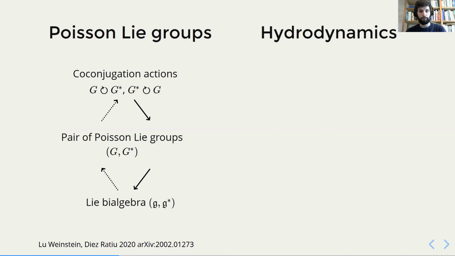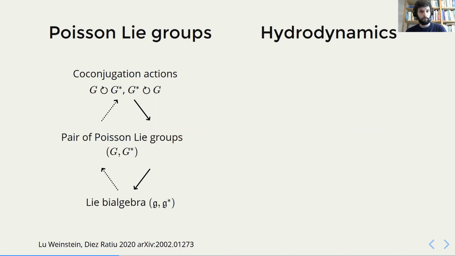Namely, you have an action of G on its dual, and conversely, you also have an action of the dual on G itself. We call them conjugation actions because they integrate the co-adjoint actions.